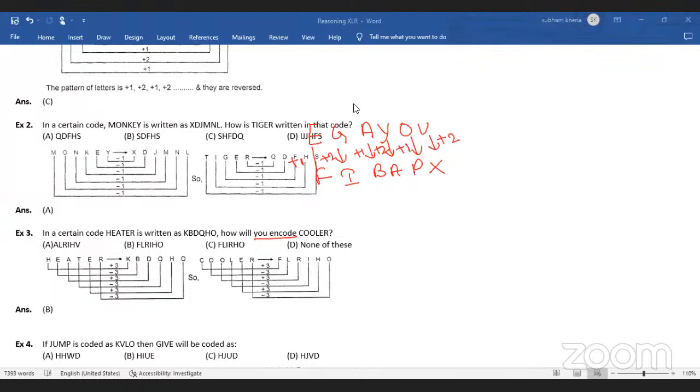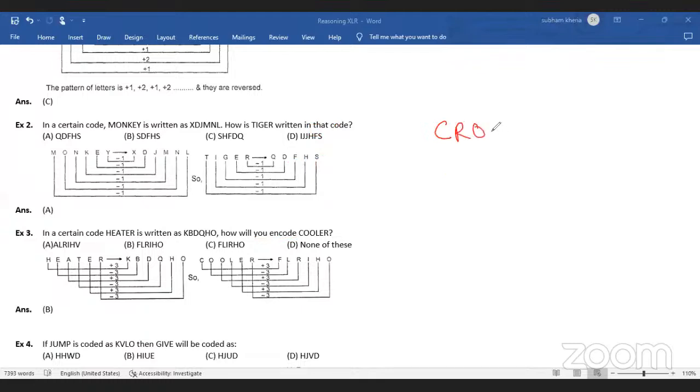See. Again, let's see. The code for crown, right? Crown. So the first thing is we reverse the word. On reversing, we get NWORC. And we saw the pattern is +1, +2, +1, +2, +1. And then there should have been one more letter, right? For +2, but we don't care. This is our given pattern.